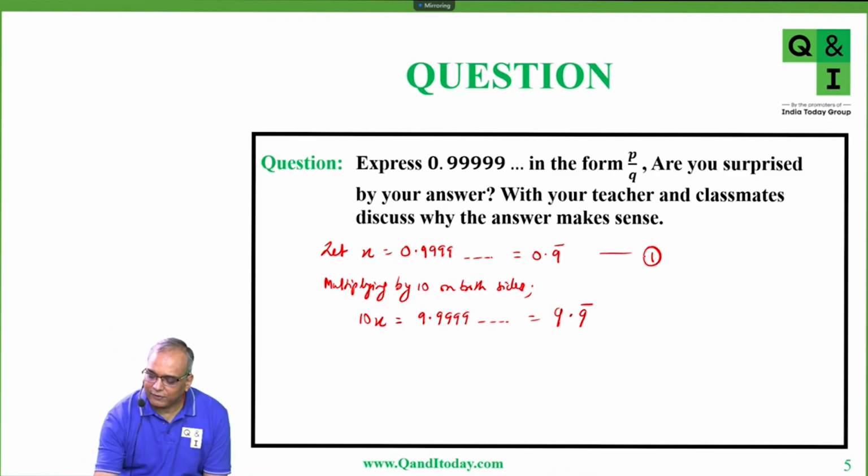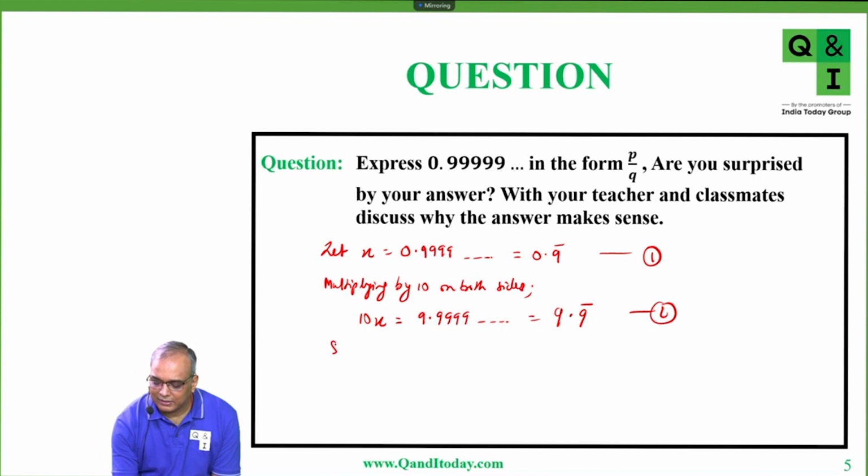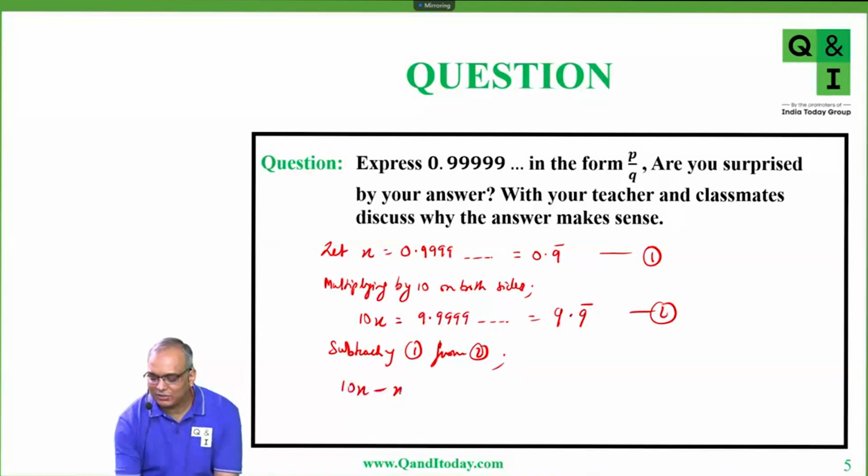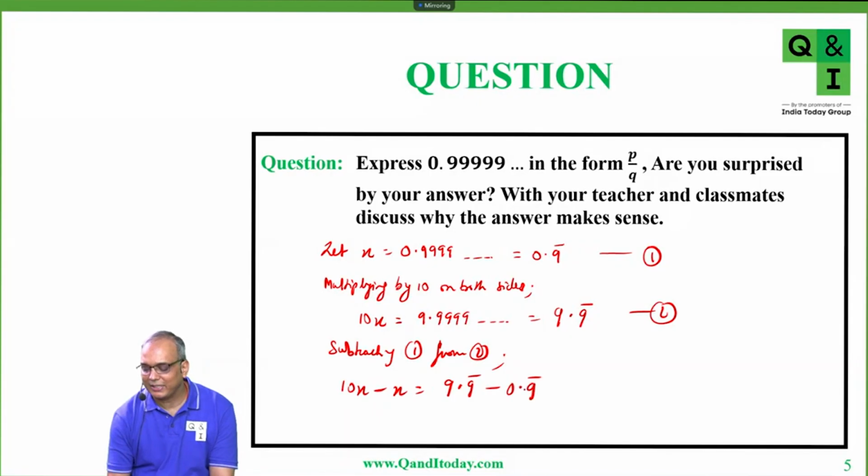This is your first equation, and this is the second equation. Now we subtract 1 from 2. What do we get? 10x minus x is equal to 9.9 bar minus 0.9 bar.